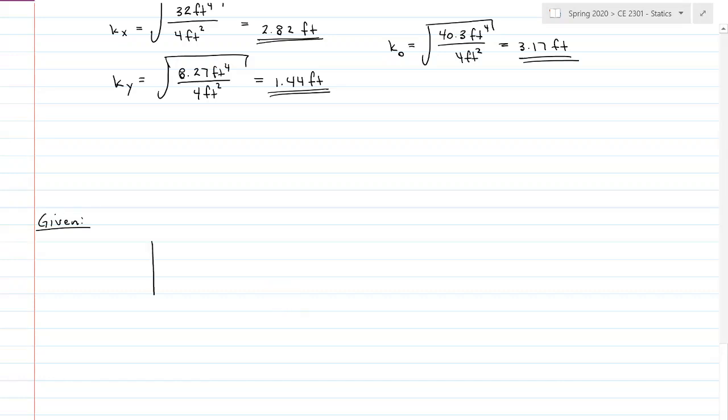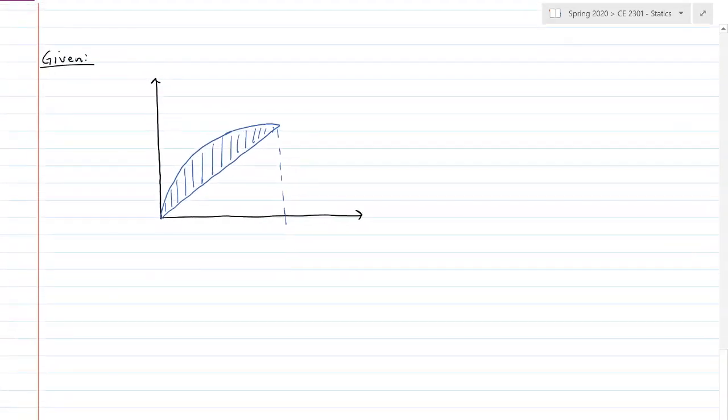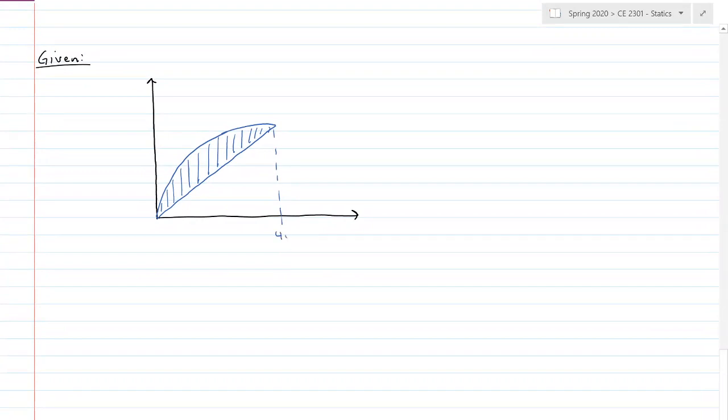So let's say that we are given this area here that crosses the x at 40 and the y at 30. And let's just put this into millimeters so that we have some units.